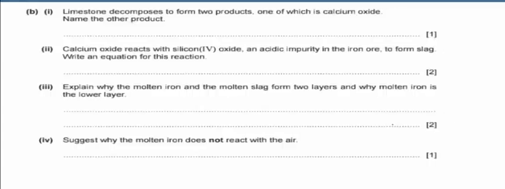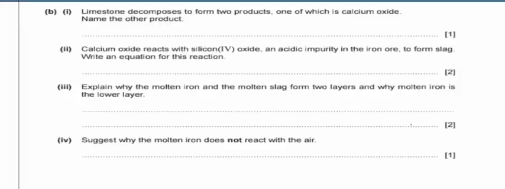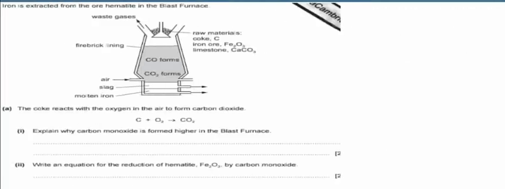The next question, which is B, Roman numeral number 1. Limestone decomposes to form two products, one of which is calcium oxide. Name the other product. So let me just try to write all the equations which are involved during the extraction of iron. So the first one, we have carbon, which is coke, reacted with oxygen to produce carbon dioxide.